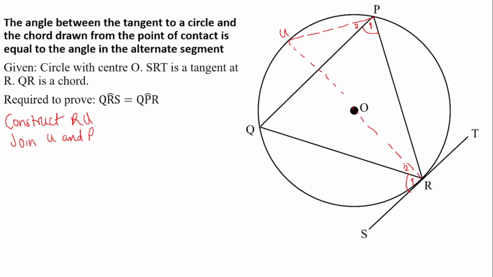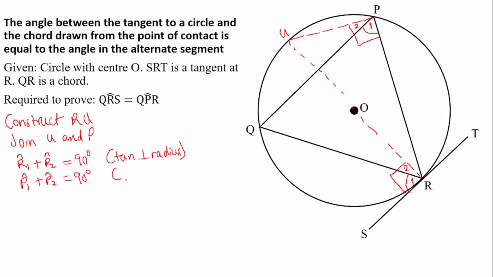So we say this angle is 90 degrees because the tangent is perpendicular to the radius. So we can say angle R1 plus angle R2 is equal to 90 degrees, reason: tangent perpendicular to radius. And then we have this angle also, which is 90 degrees. So we can say angle P1 plus angle P2 is equal to 90 degrees, reason: angle in semicircle.